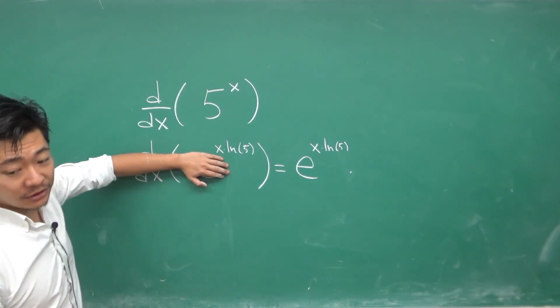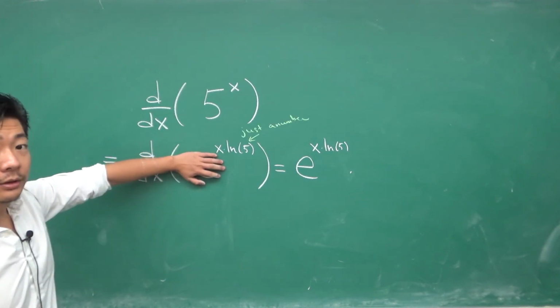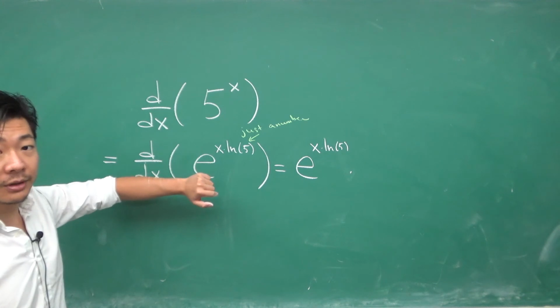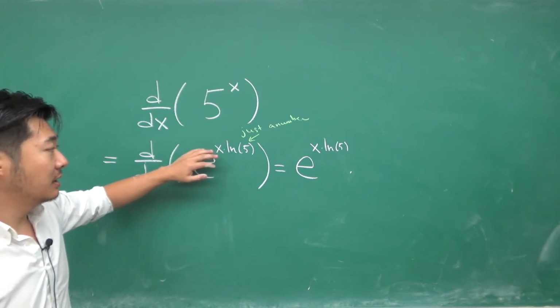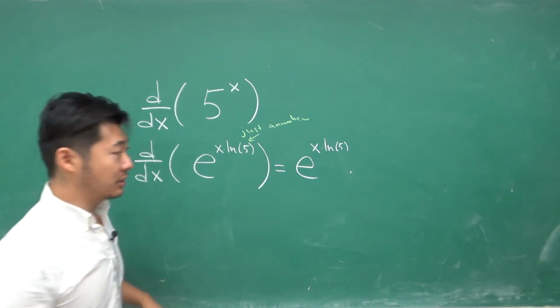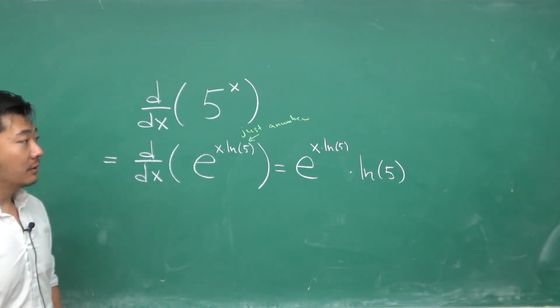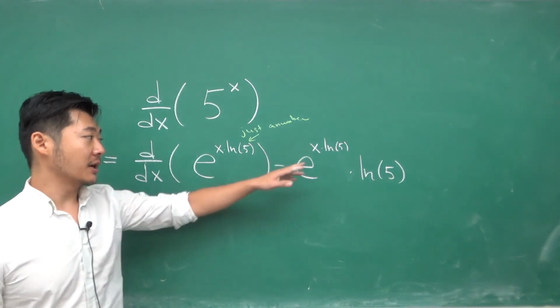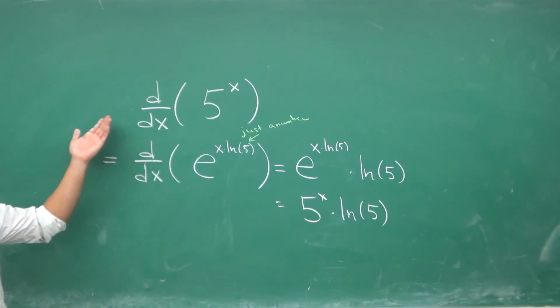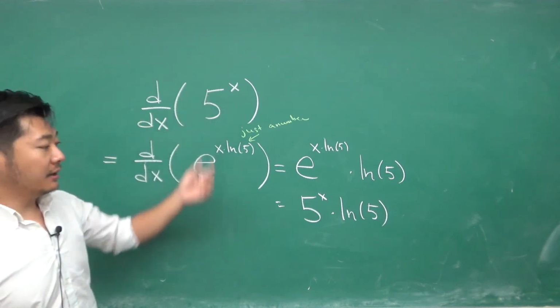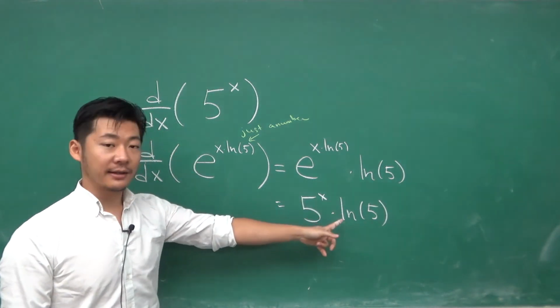Natural log of 5 is just a number, so the derivative of x times a number is just that number. So we multiply by natural log of 5, but e to the x times natural log of 5 is 5 to the x. And so the derivative of 5 to the x is 5 to the x times natural log of 5.